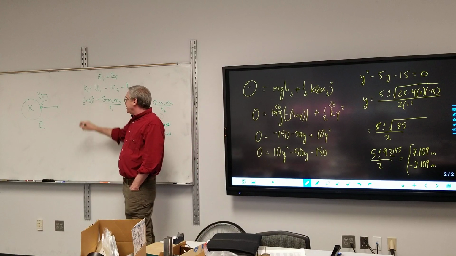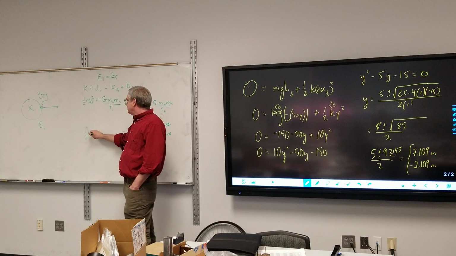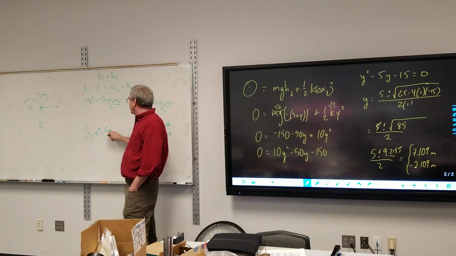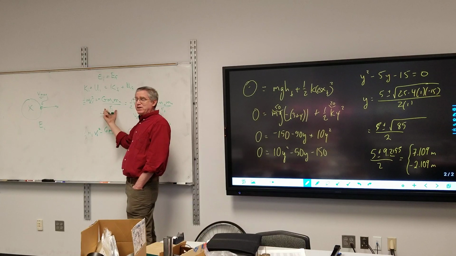This is what we're trying to find. So I've got one half times the mass of the object times some initial speed squared, minus big G, mass of the object, mass of the planet, over what is the initial distance? Wow, if that's 0, then we get negative infinity. Would we need to know the middle of the planet?